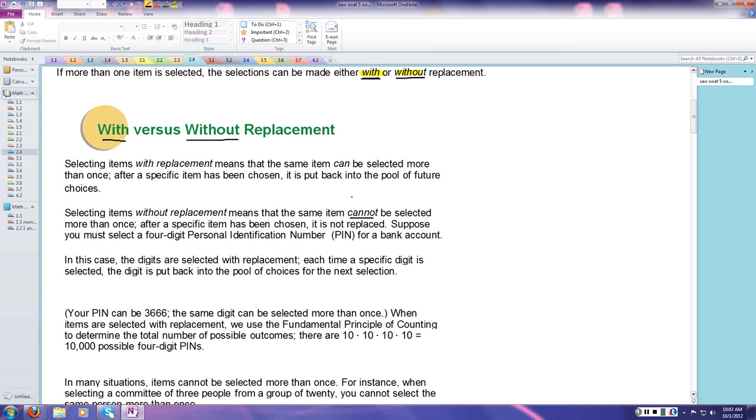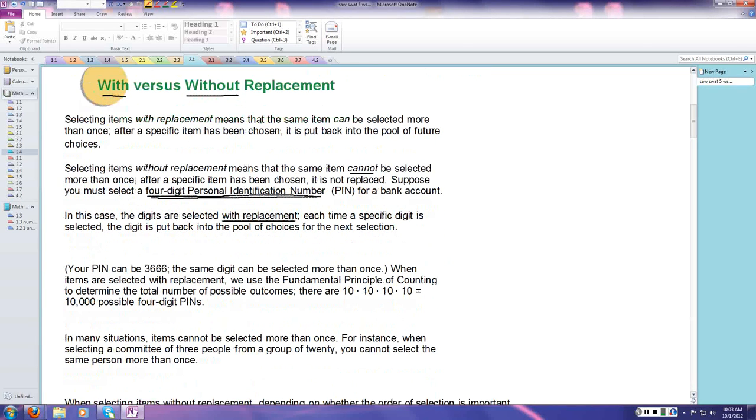So we can look at an example of a 4-digit personal identification number, like your PIN number for your bank account or your debit card. In this case, digits are selected with replacement. It's very likely you could have 1111 as a PIN number, or your PIN could be 3666. The same digits can be selected more than once.